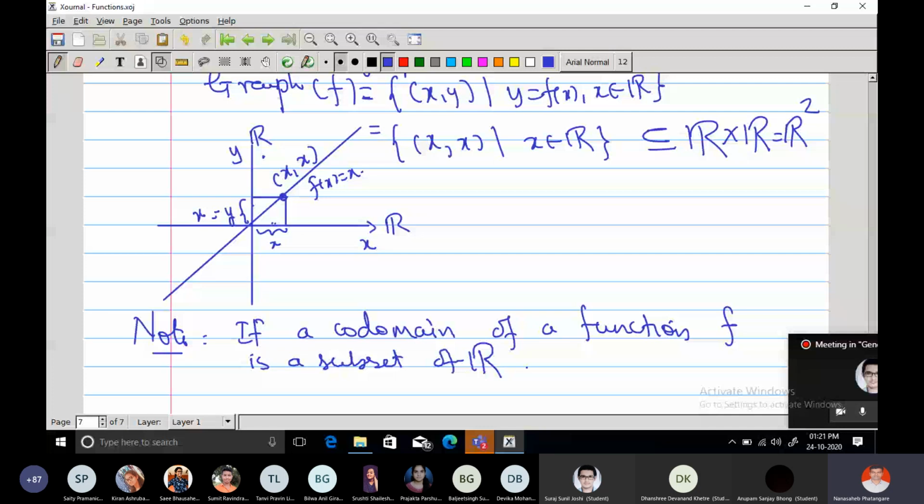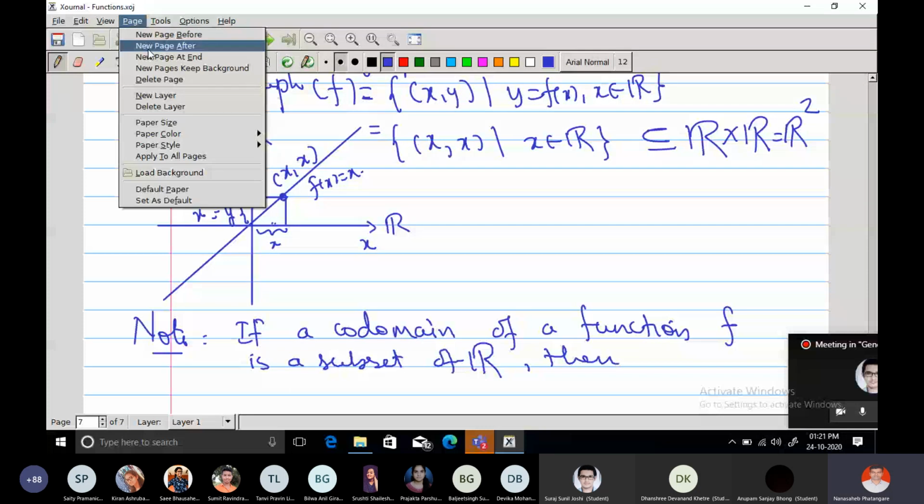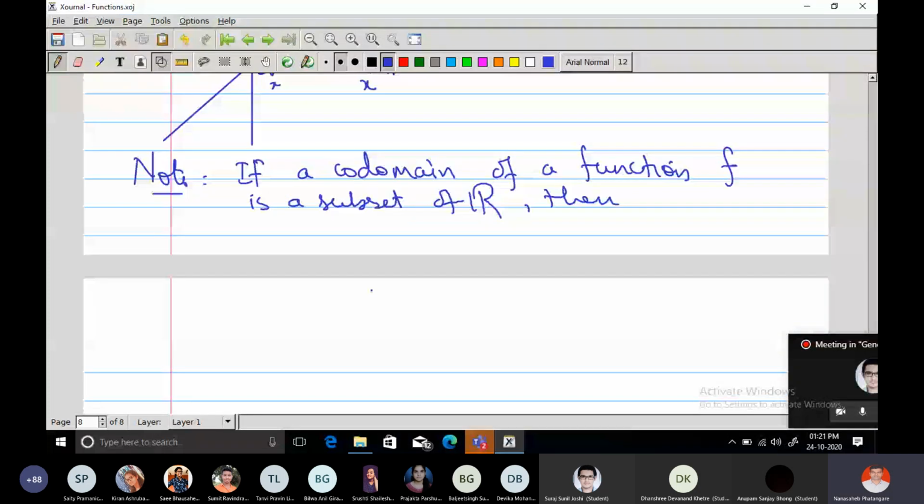Whatever the codomain is, a set of or subset of real numbers, the values of f are real numbers, right?